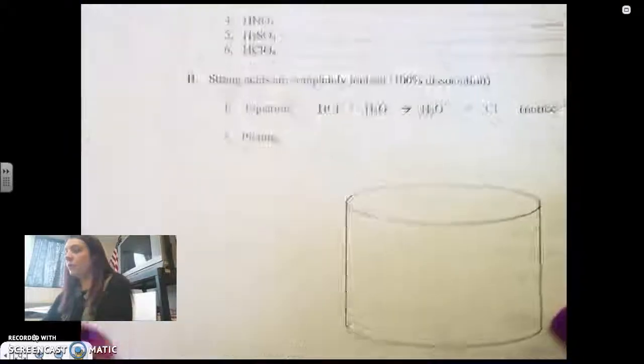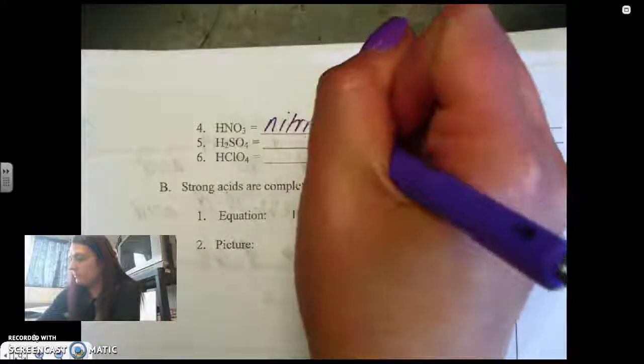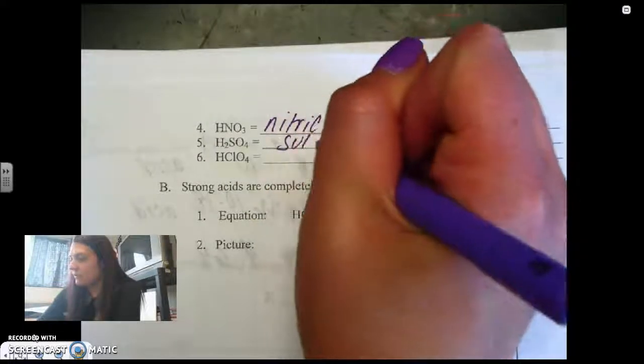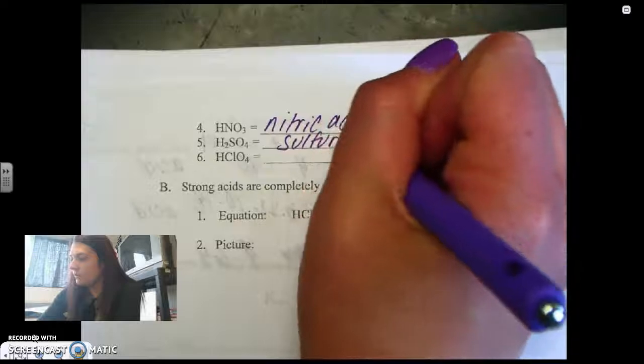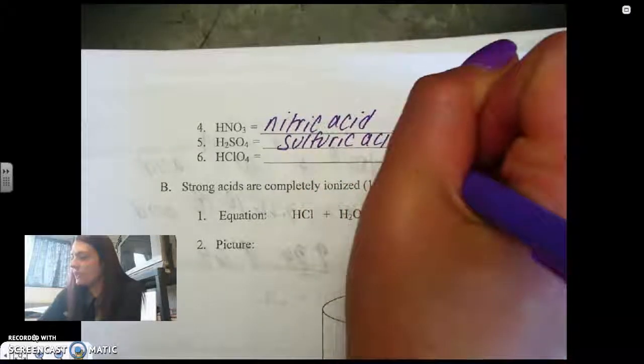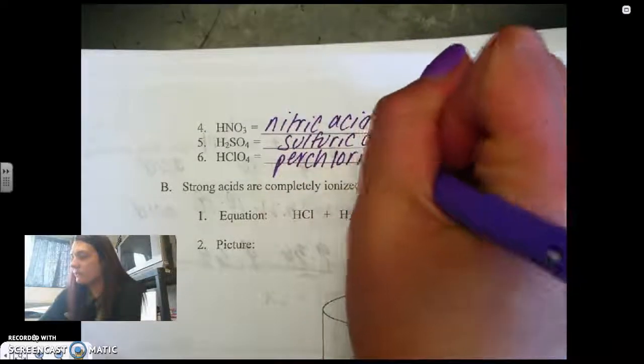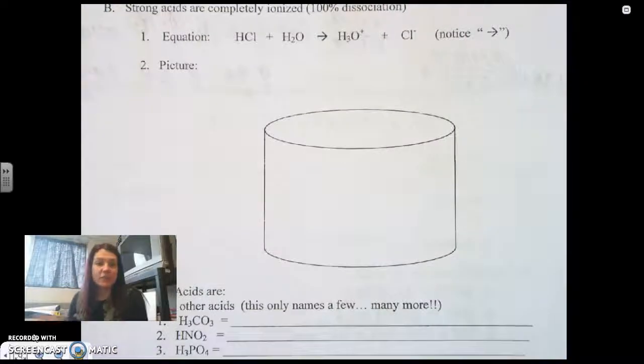There's also nitric acid, sulfuric acid, and then the last one is perchloric acid. Those are the only 6 strong acids there are ever.